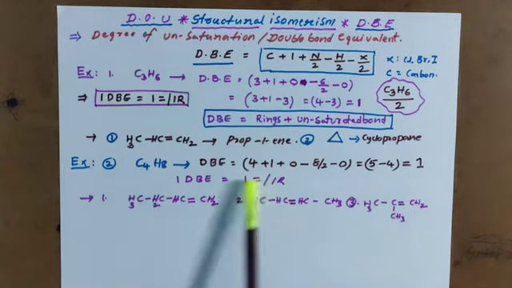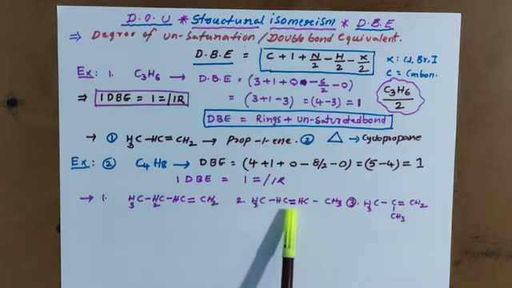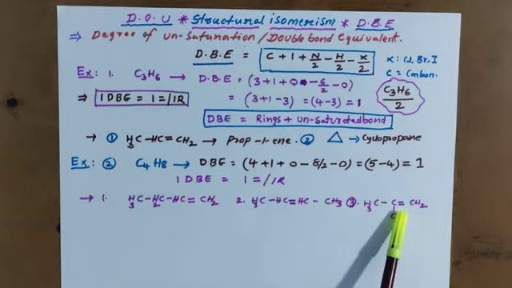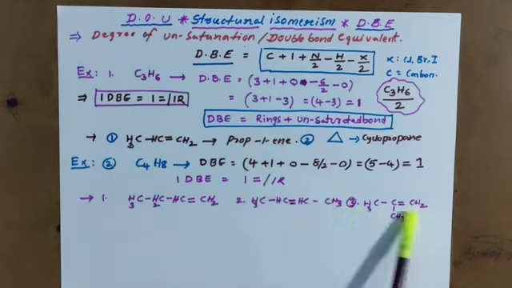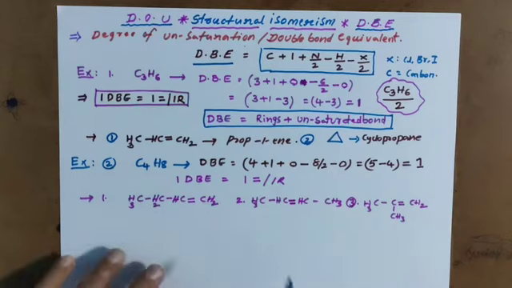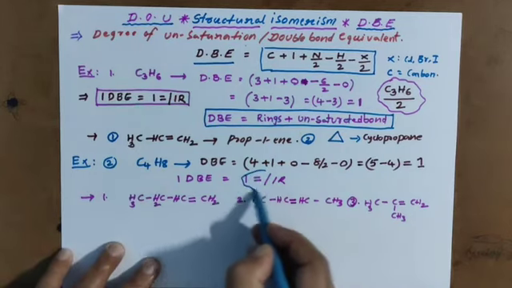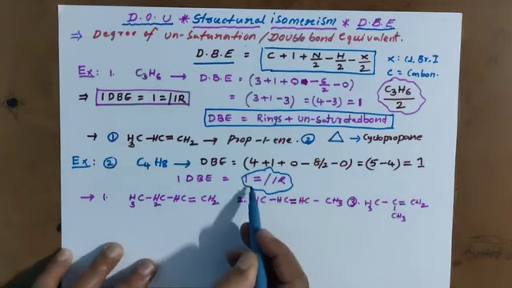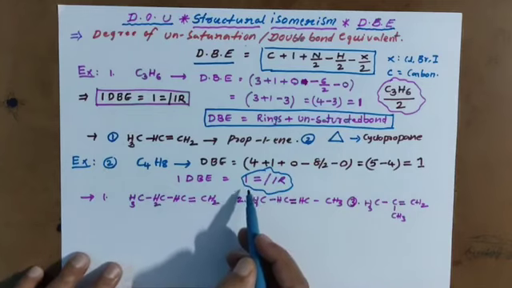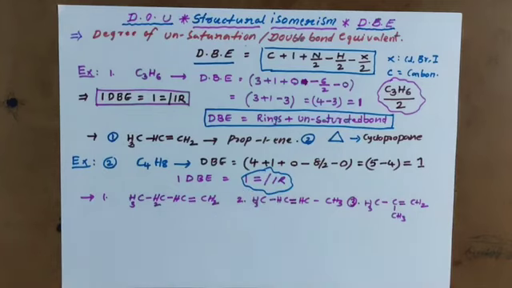So 1 double bond only we took. Here 1 double bond, here 1 double bond, here 1 double bond. With the double bond, how many chains did you get? 3. And we also have the chance to get 1 ring. Means with the ring also we can go for that.